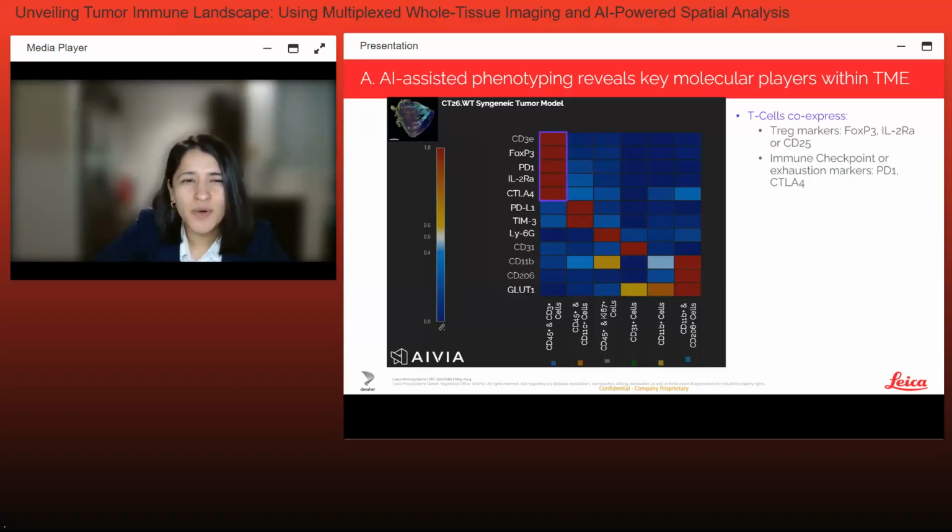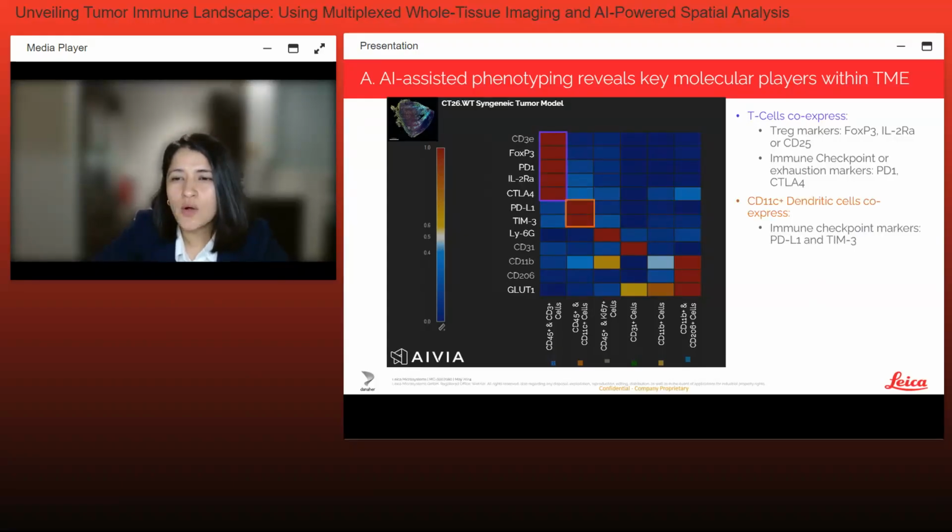Specifically, we note the presence of immunosuppressive regulatory T cell markers, along with expression of immune checkpoint markers like CTLA4, PD1, which may possibly be serving as an escape mechanism from the immune system. This is because this kind of immune cell population is typically associated with immune evasion and poor clinical outcomes in cancer patients.